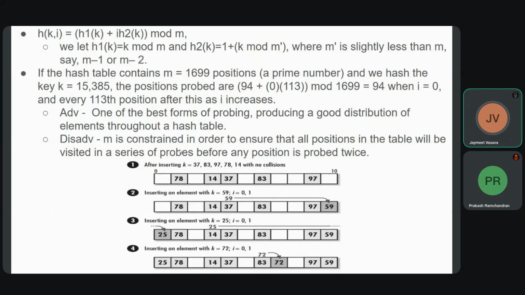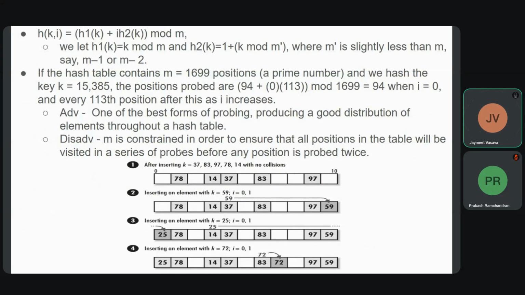So if the hash table contains 1699 positions and we hash the key 15385, the position probed by substituting the value for i equals 0 is 94, and every 113th position after this as i increases.